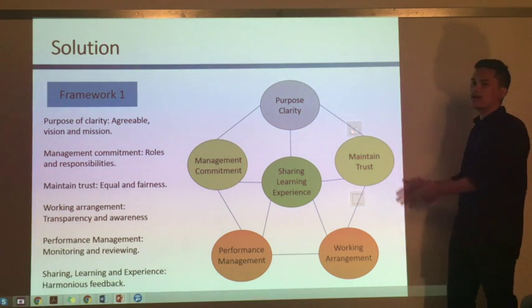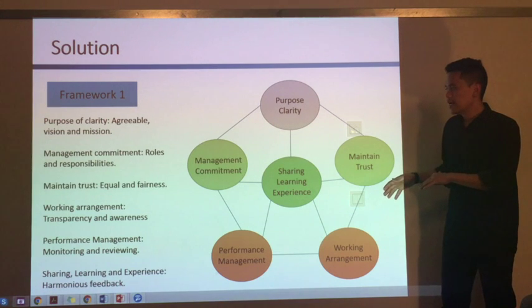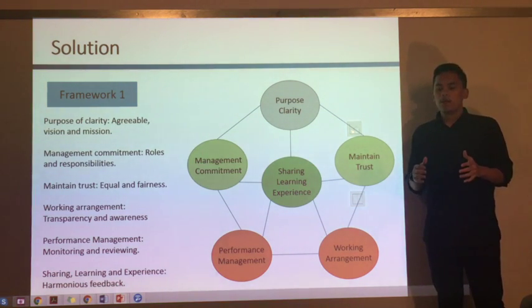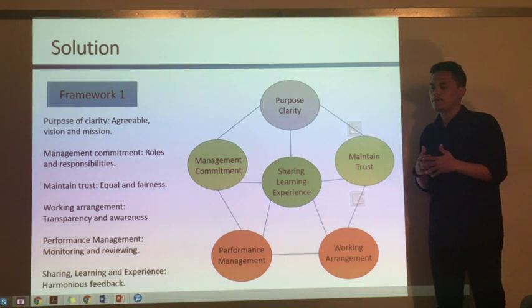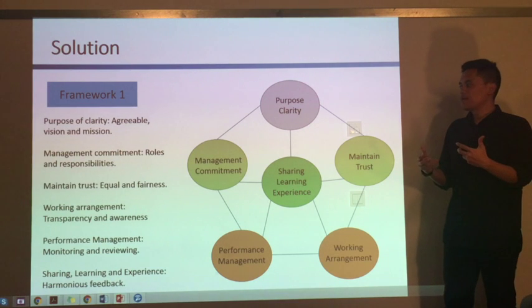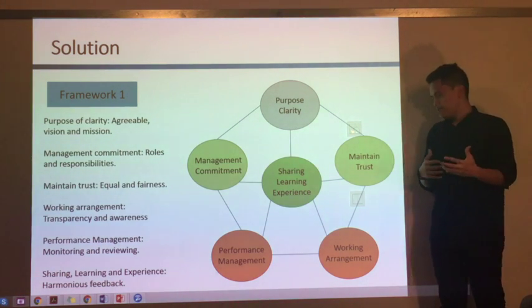The main idea here for BPO and clients in maintaining trust is equality and fairness. Why equality and fairness? Both partners should be treated equally and have the same responsibility and fairness during the contract.